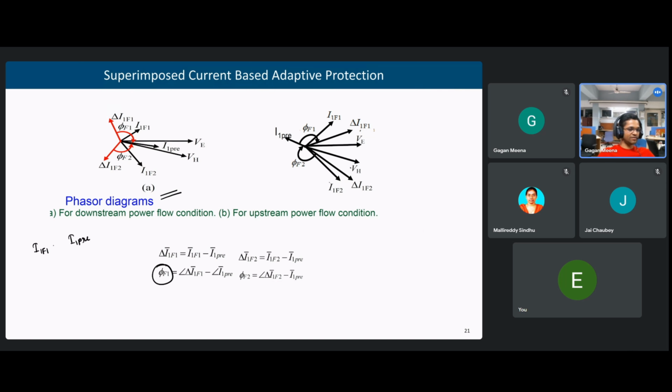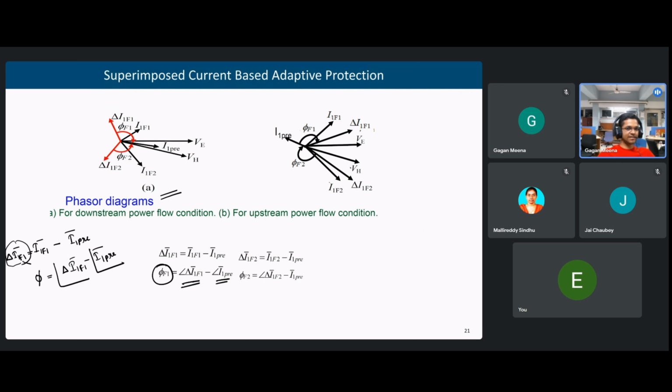We take their difference and this is called the superimposed positive sequence component. Now we have to take the angle between this superimposed current component and the pre-fault current. This is the angle.